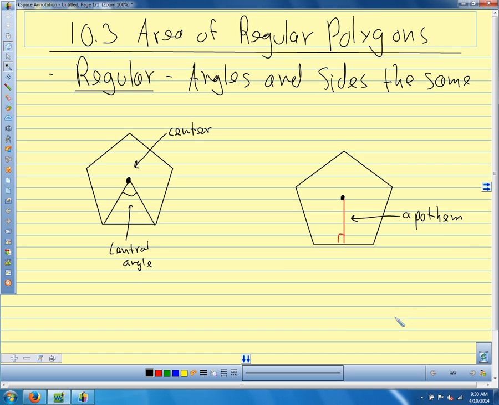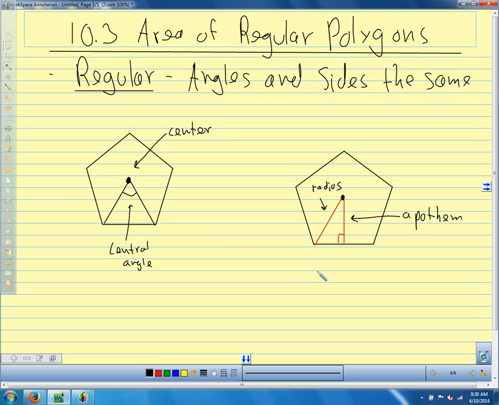And that is going to be a very important part of our polygon. The segment that goes from the center to a vertex is called the radius. And we call it the radius because we put a circle around here with this at the center, and that would be the radius of the circle. So that's the radius of our polygon.